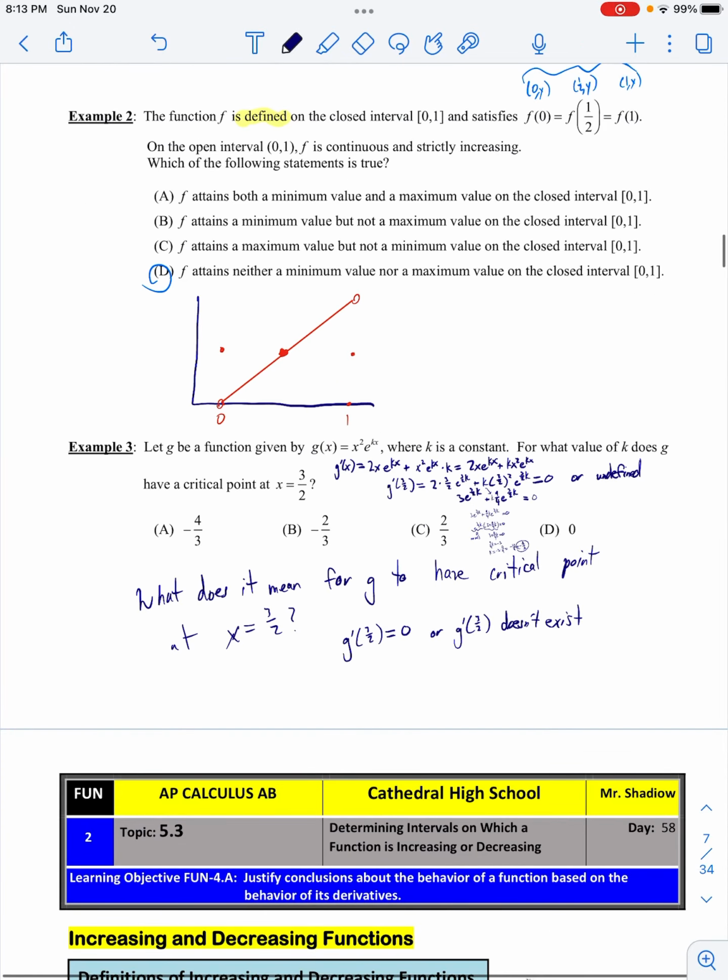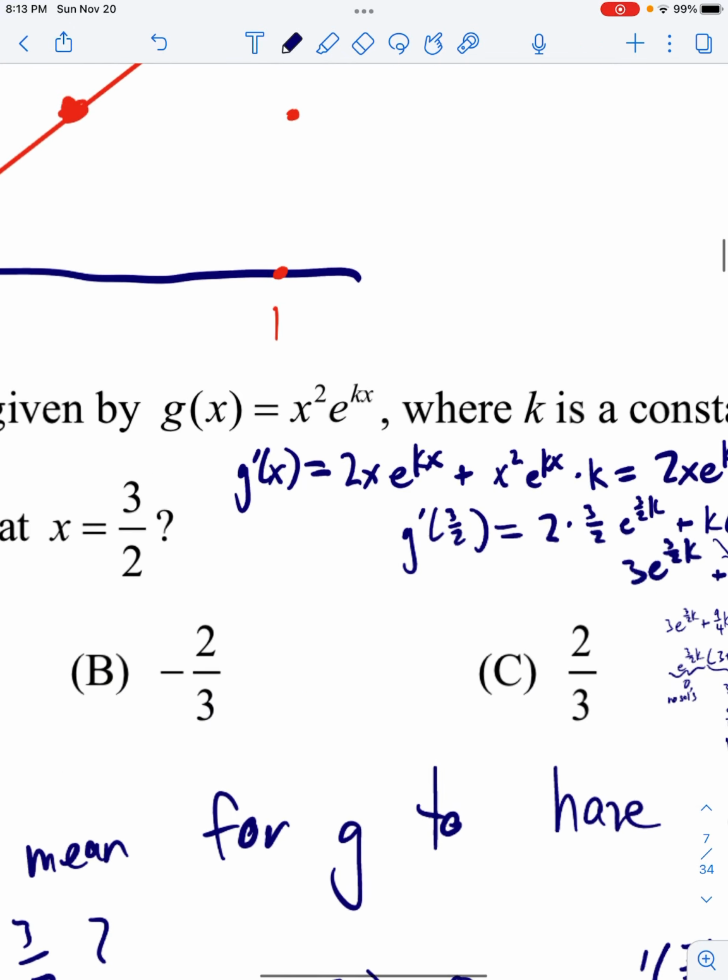So what this means is, look at this function here. When k equals negative 4/3, then g prime of 3 halves equals 0, and g has a critical point at x equals 3 halves.